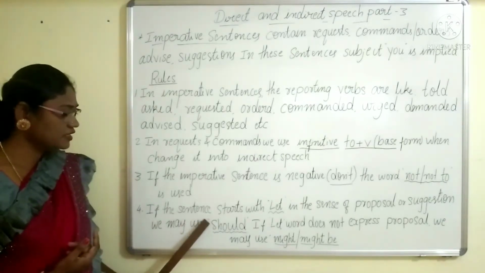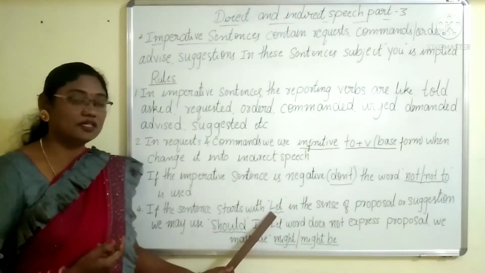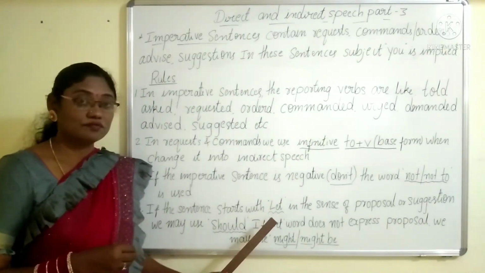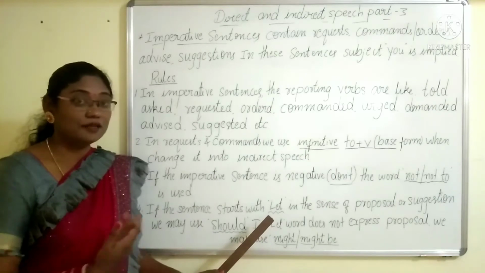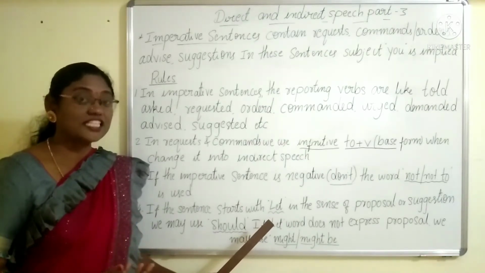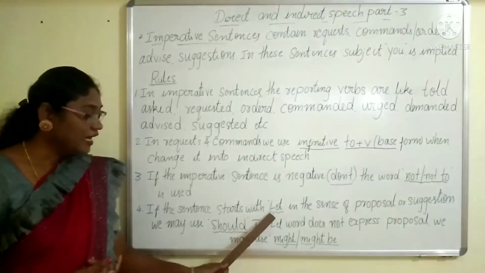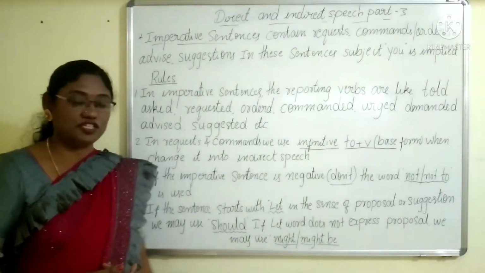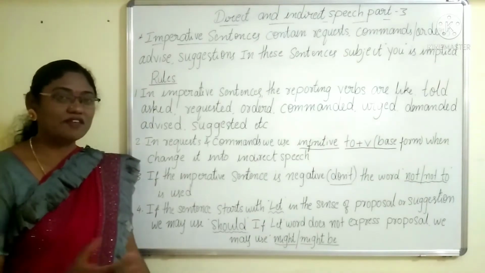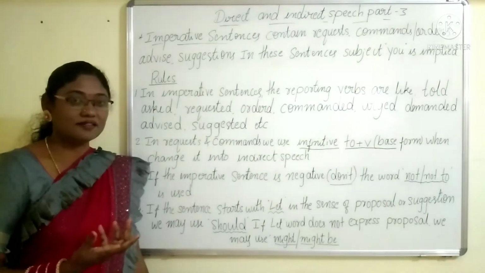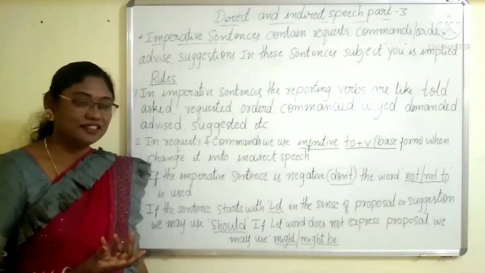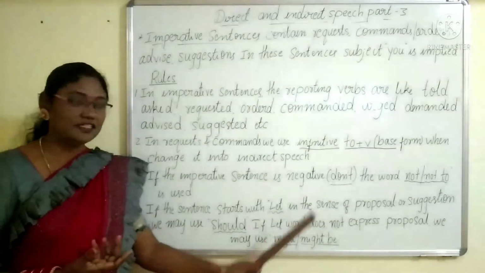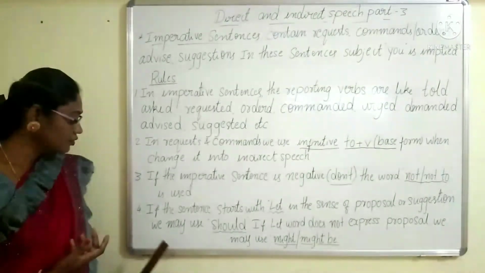Next, rule number 4. If the sentence starts with the word let, like let us go, let's do this, let me go, such types of sentences. Let in the sense of proposal or suggestion. Let's have a cup of tea. That is like a proposal, right? So, if you find such types of sentences, then what do we have to do?